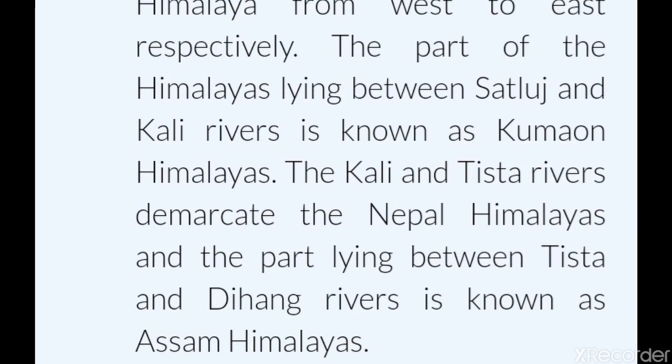Number 3, the part which lies between the Kali and Tista rivers is the Nepal Himalaya. And number 4, the part which lies between the Tista and the Dihang rivers is known as the Assam Himalayas.